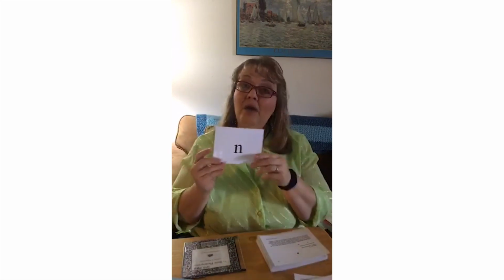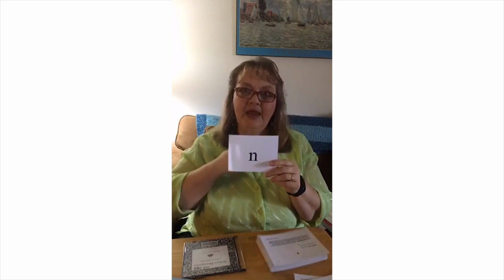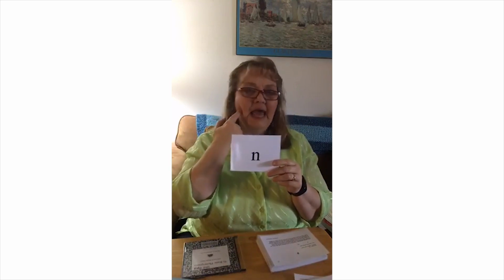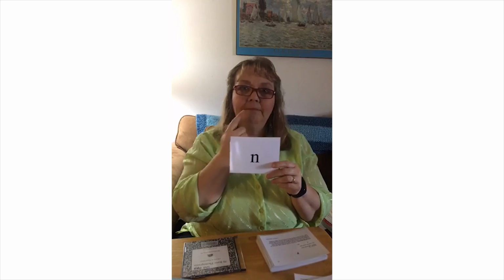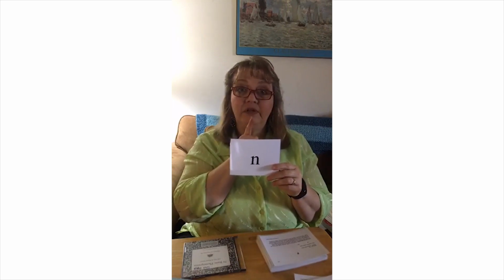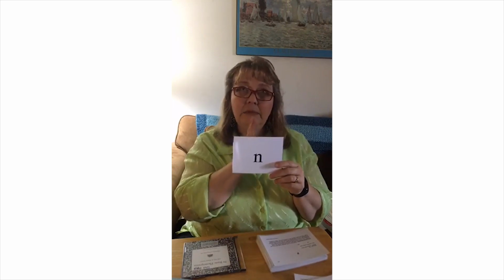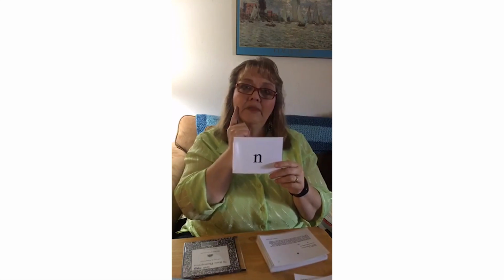All right, this one is n. And just like m, n is another nasal. And what does that mean? It means that the air is being cut off. It cannot come out the mouth because my tongue is blocking it. The tongue is in the same position as for the l. It's maybe a little bit back, but the tongue is actually touching all of the inside of my upper teeth, and that's blocking the airflow.